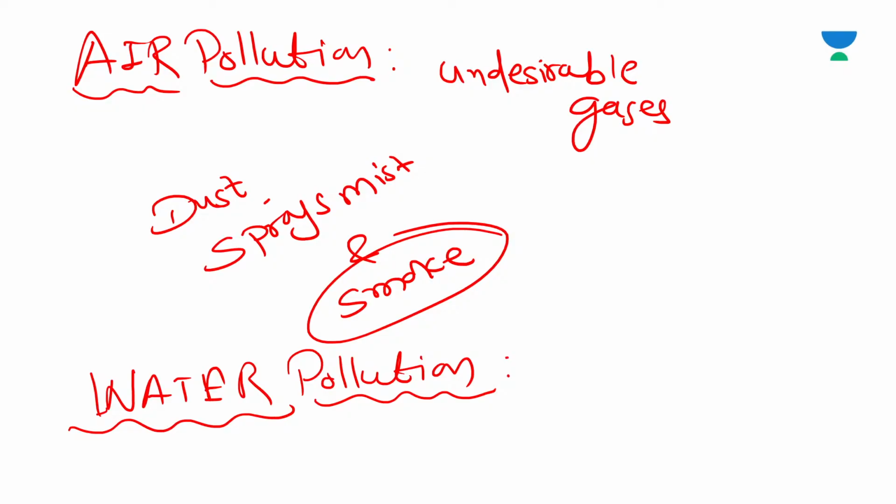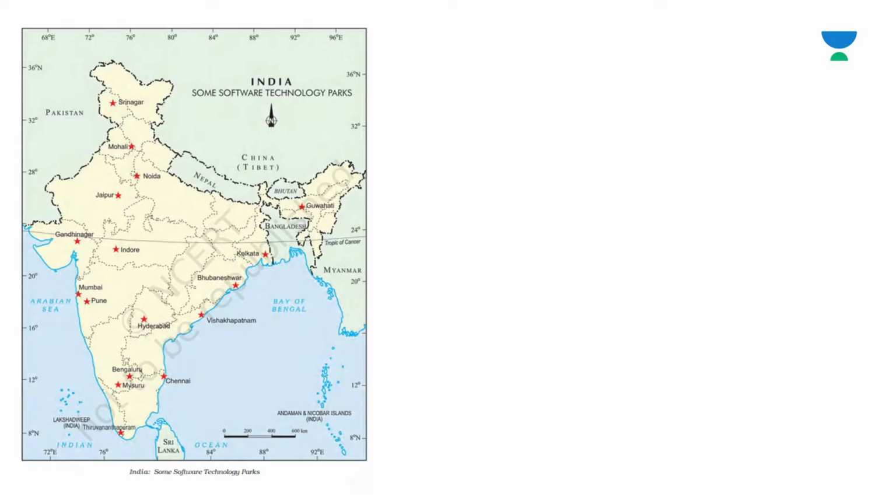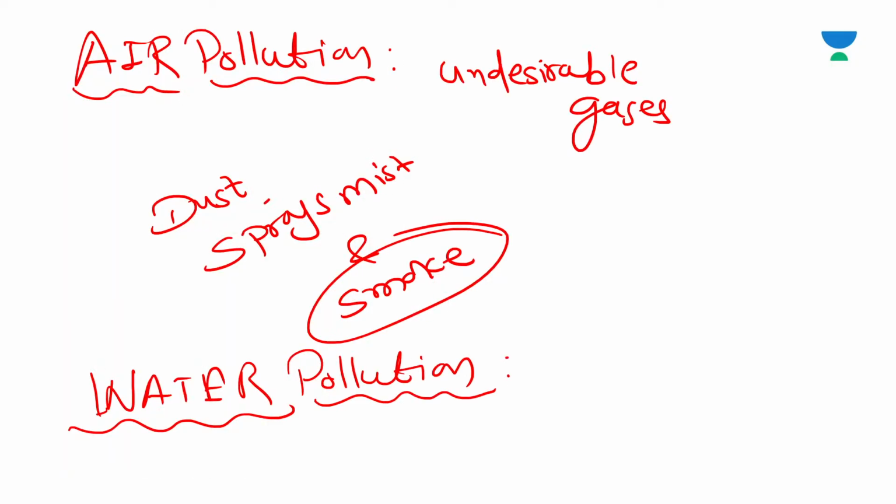Fly ash, phosphogypsum, and iron and steel slags are the major solid wastes in India. Then thermal pollution.